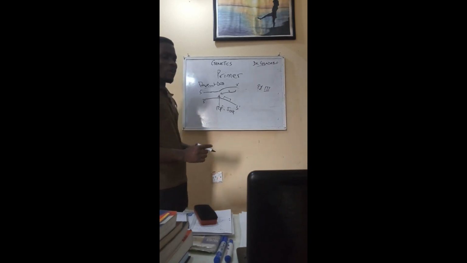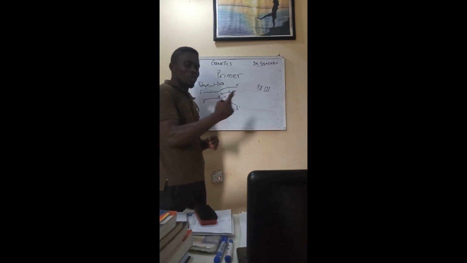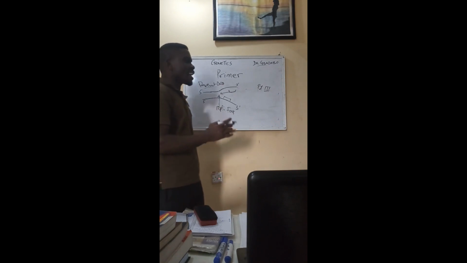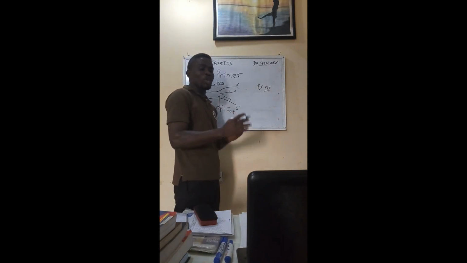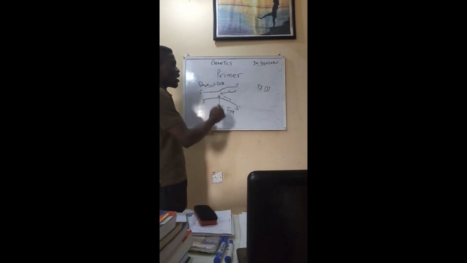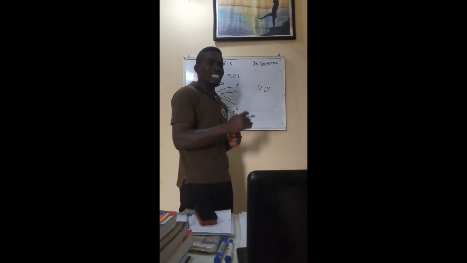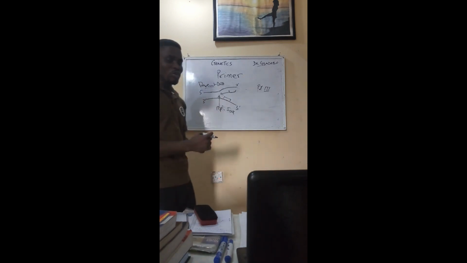This is the replication fork, and then the chain continues to elongate. After some time, the primer will be removed, and the chain elongation will continue.